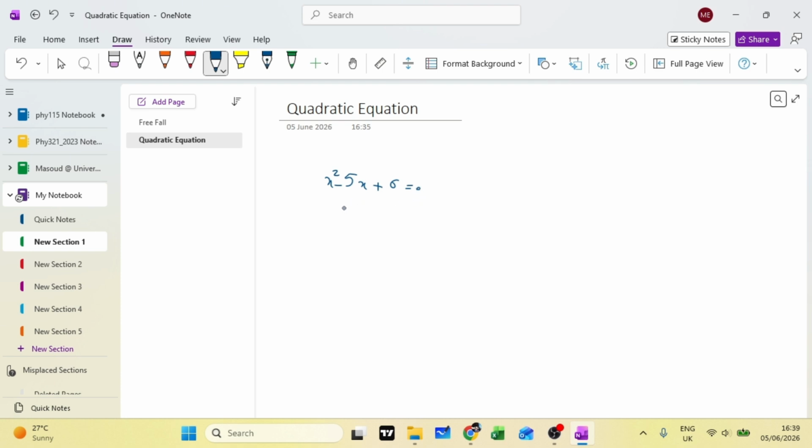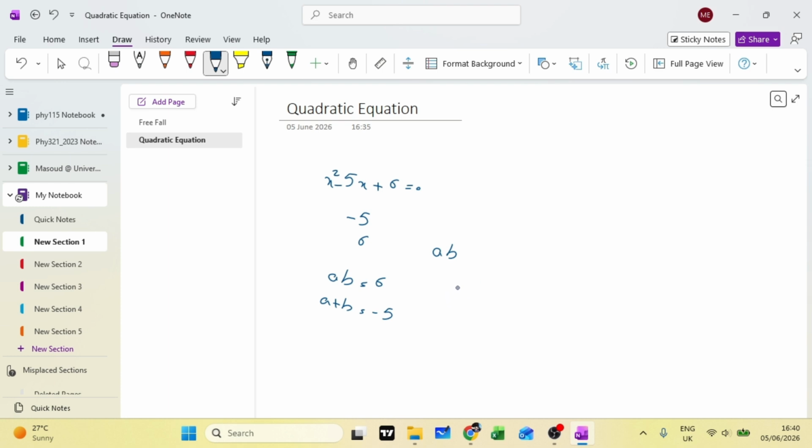First, when students see this equation, they try to remember the formula. But before that, let's see the structure of it. Here we need two numbers, let's say a and b, whose multiplication gives us 6, and when we add them together, it becomes minus 5.